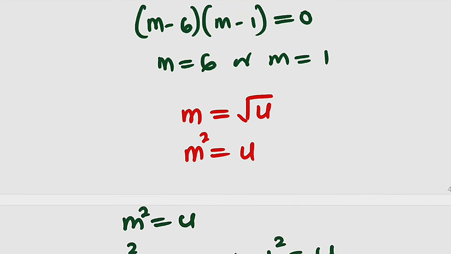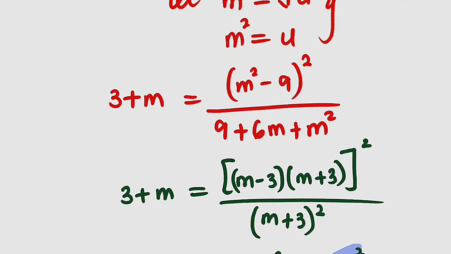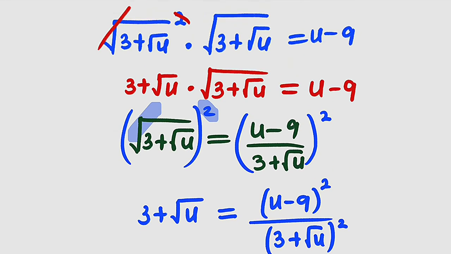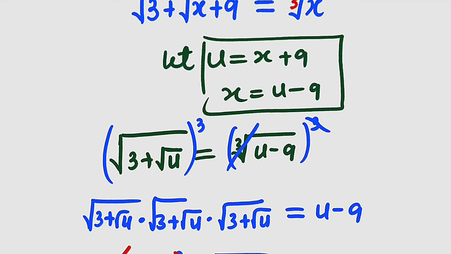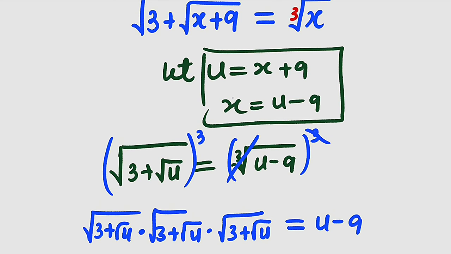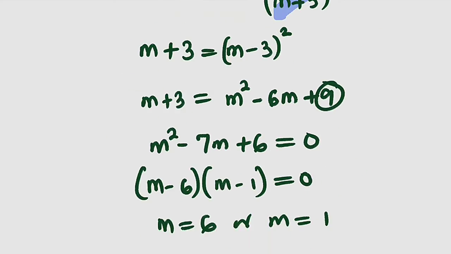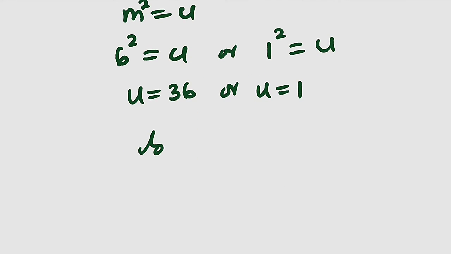Another back substitution. What can you remember about u again? Remember that we substituted u with something here. Can you see that? X is equal to u minus 9.